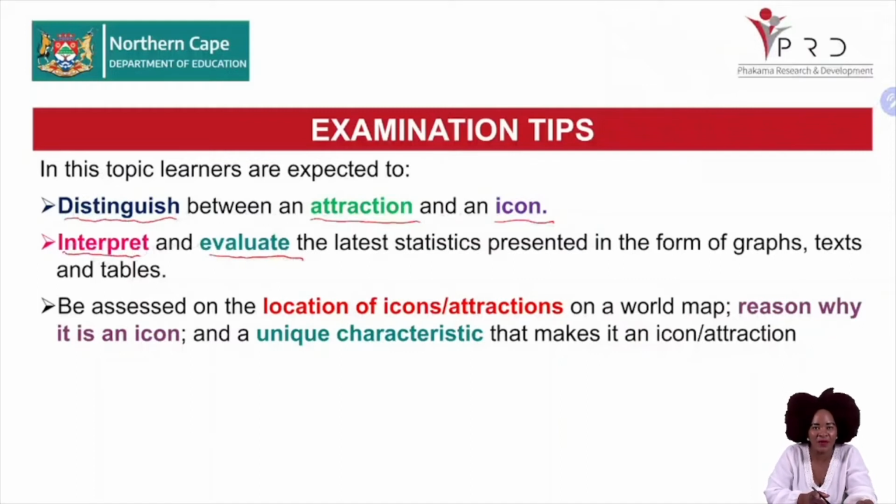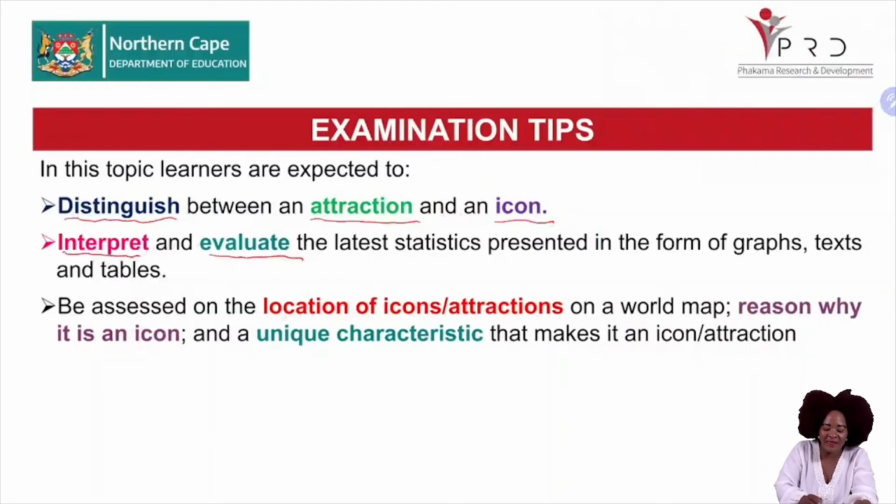Remember, these are the world famous icons, grade 12 learners, whereby you need to know the number of tourists who are actually visiting. Sometimes you find that numbers are changing. If we had these numbers last year, those numbers may have increased or decreased this year.